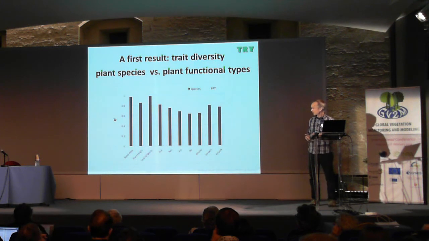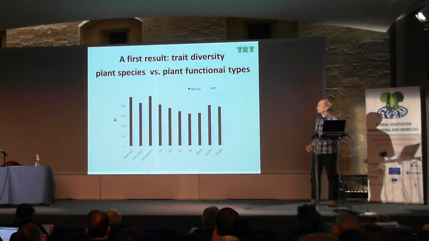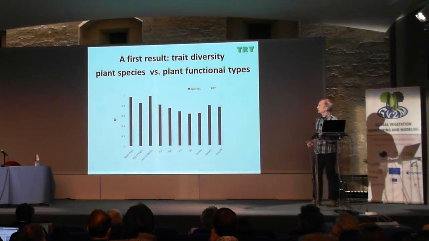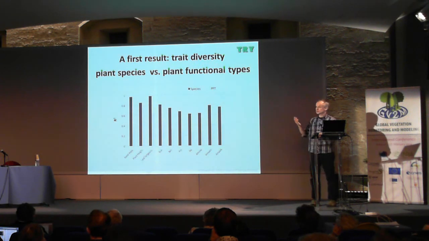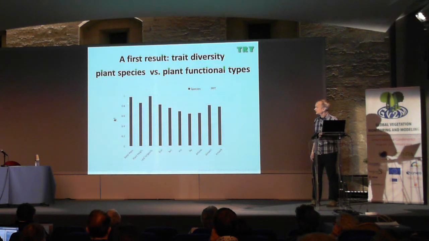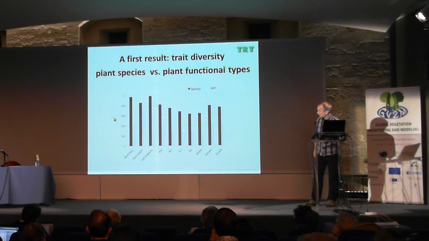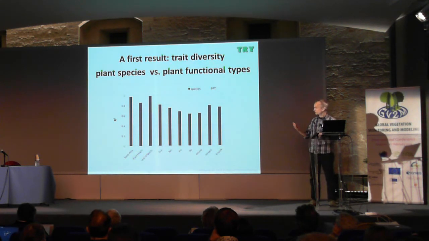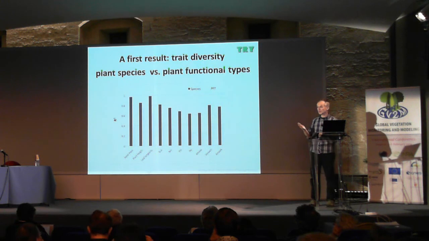The first result we saw when we had this data aggregated was when we looked at the variation of traits within plant species, and you have heard there are about 400,000 different plant species on Earth, and within the plant functional types that are usually used in vegetation modeling. In light gray you see the variance represented by the different plant functional types, which are basically used in the vegetation models.